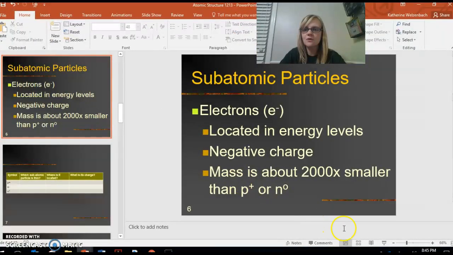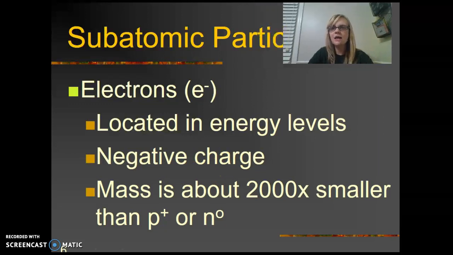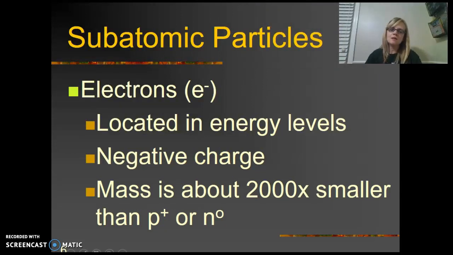Okay, so we have our electrons. They live in the energy levels, and they are negatively charged. Now, unlike the proton and our neutron, electrons do not contribute to the overall mass of the atom. Okay, and the reason for that is that they're about 2,000 times smaller. I mean, they're really, really tiny compared to a proton or a neutron.